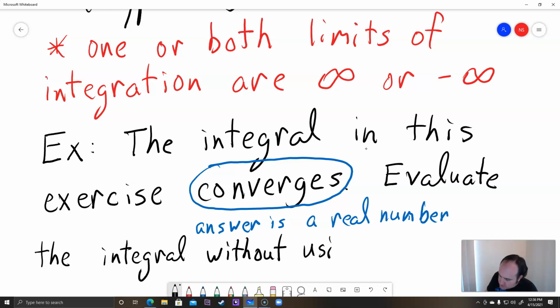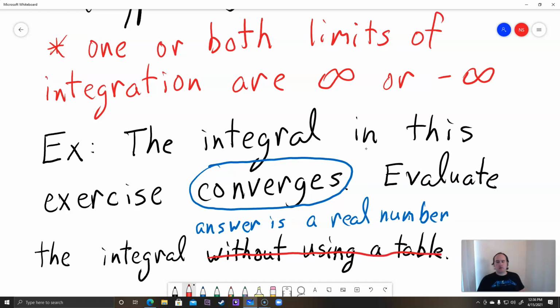Now, the without using a table part is completely optional. I do not have a problem with you using a table, so don't pay any attention to that. I'm just copying down the directions that they have on your homework. They don't let me change them on my math lab. But you can basically ignore the part where it says without using a table. I'm just going to cross that out.